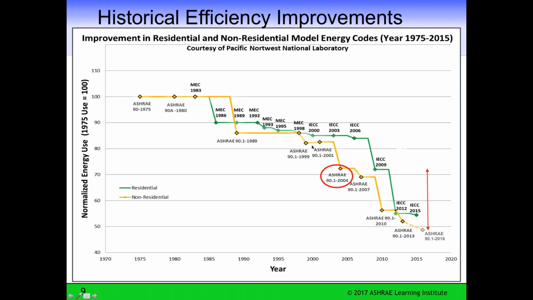You can see the orange circle around the 2004 version. That has produced a 30% reduction from 1975. The 2010 version produced another substantial reduction.